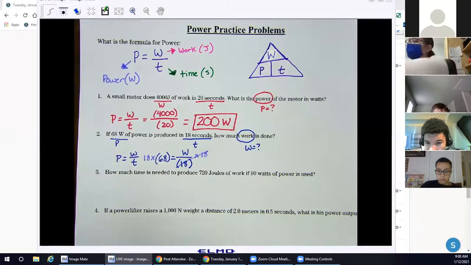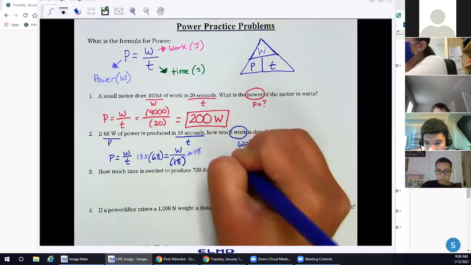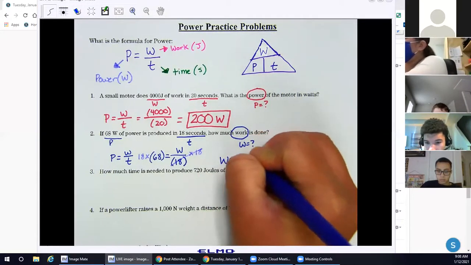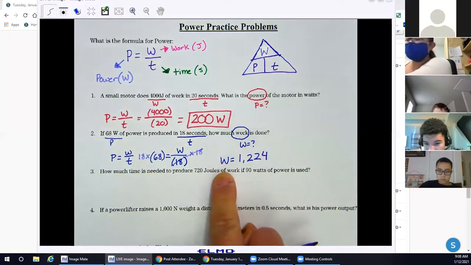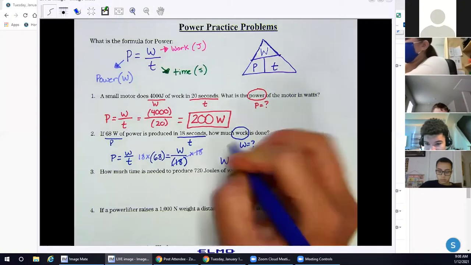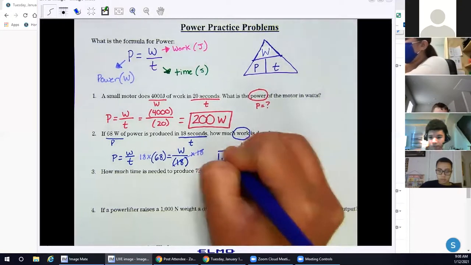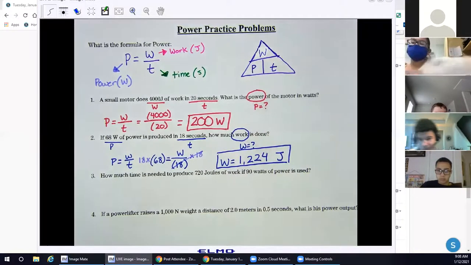So your work equals 1,224. And then your units for work, since that's in energy, it's joules.